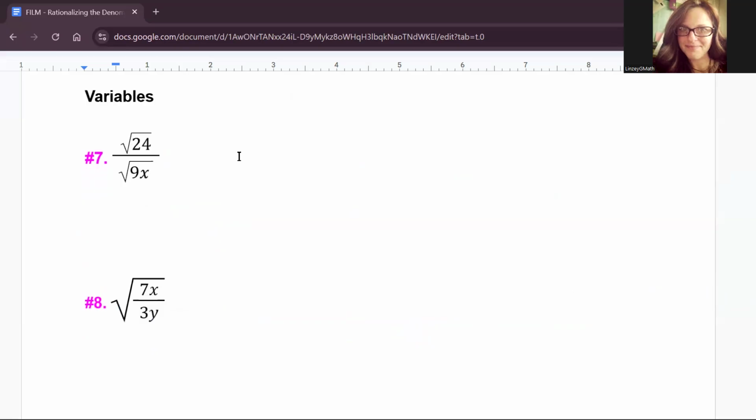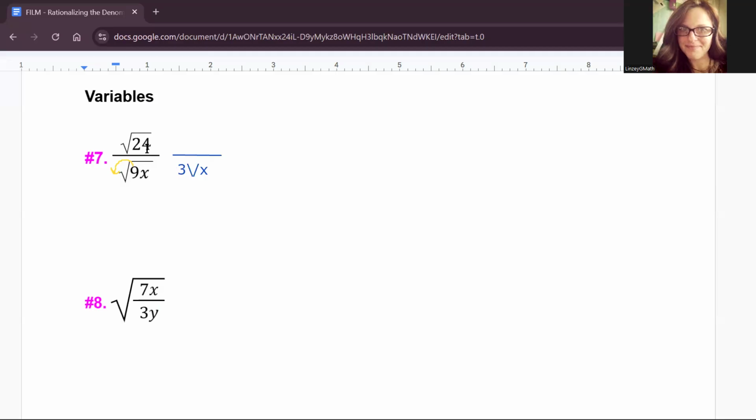And we'll do very much the same thing. We're going to multiply. Oh, you know what? Let's simplify. I see that I have the square root of 9x. I could take the square root of 9 out from under the radical, and we would end up with 3 square root of x.